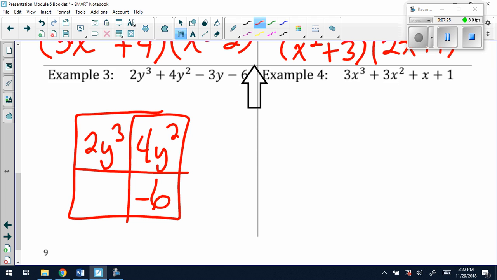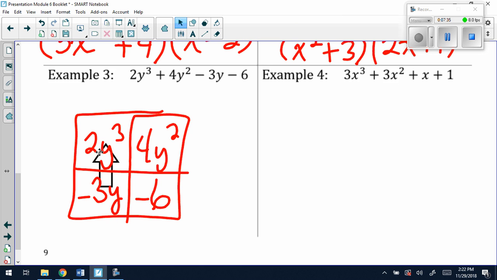The other 2, it doesn't matter. Then I'm going to go each row, each column. I'm not going to highlight them this time. I'll kind of point. I'm going to do this column. So the 2 and the 3 have a 1 in common. I have a y in common. Lowest exponent is 1.